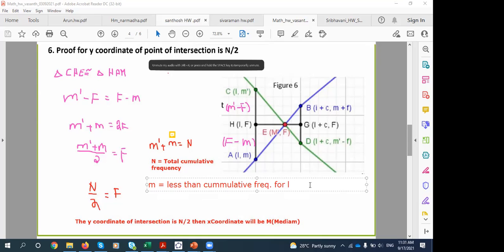Which means number of data points less than L, right? Okay.